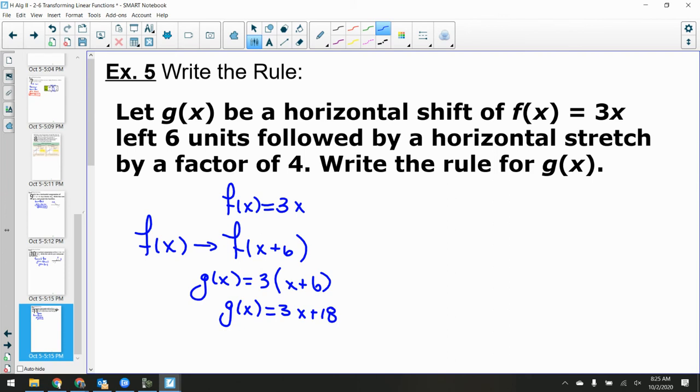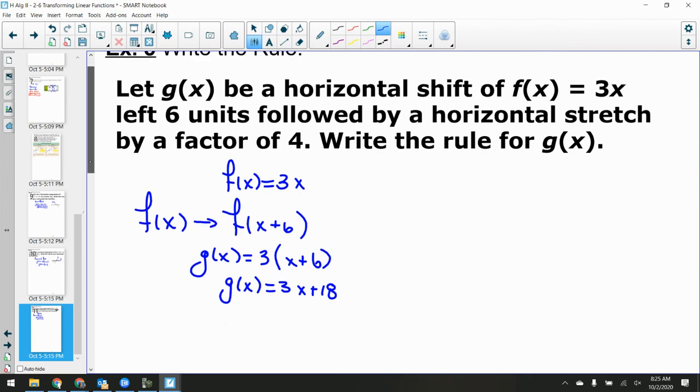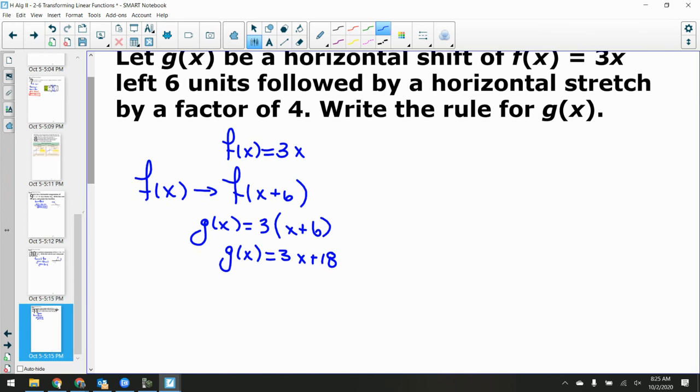That's halfway there. Now, the rest of the way there is a horizontal stretch by 4. So now f of x is going to map to, okay, horizontal stretch, f of 1/4 x. Remember that horizontal stuff is weird. I now take it inside and take the reciprocal.